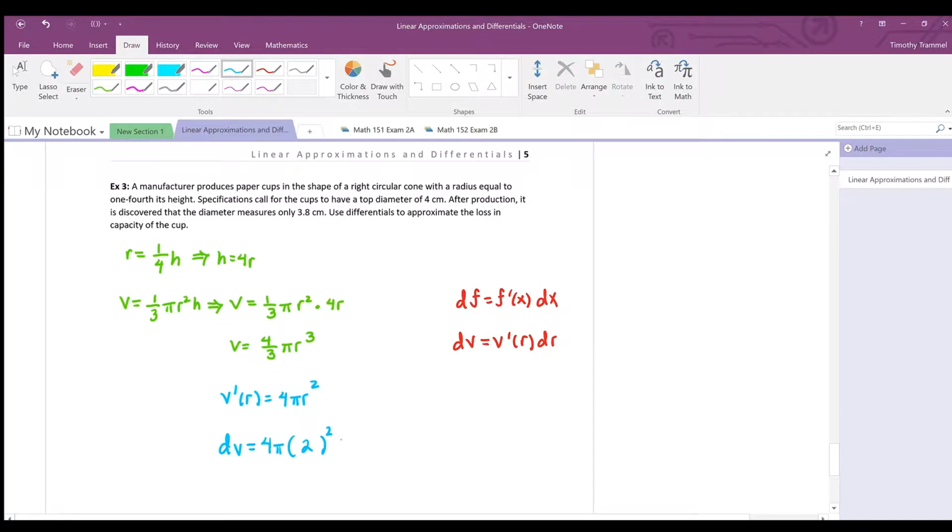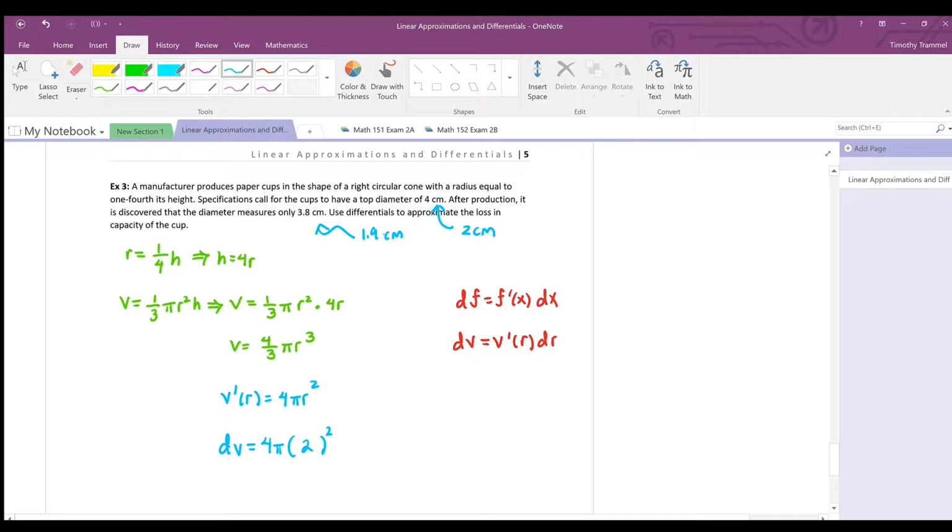The only thing that we're missing is the dr here, just dr. Well, what we need there is the change in the radius. So we know that at one point here we have a 2 centimeter radius, and at another we have a 1.9 centimeter radius, right? We're just dividing each one of these by 2 since they're the diameter.